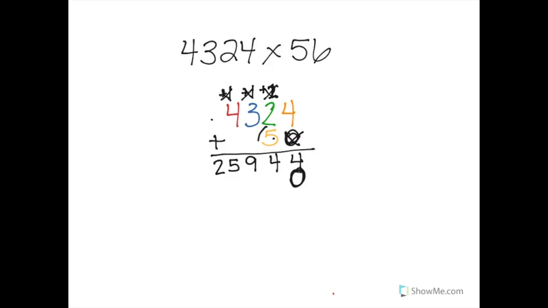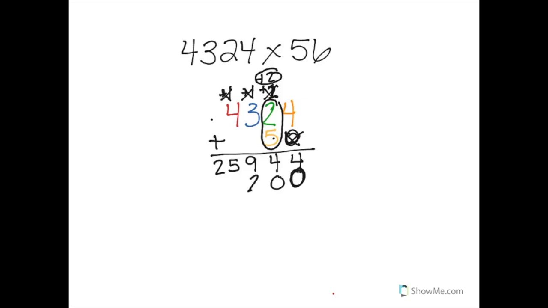Okay, now I'm going to do 5 times 4 is 20. Bring down the 0, carry the 2. Now I'm going to move to this one. 2 times 5 is 10, plus this 2 right here is 12.